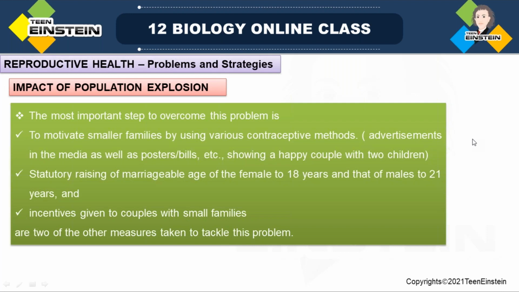These are the other measures to encourage people. So we need to motivate them by using various contraceptive methods, and the marriageable age of the female should be 18 and male 21. All this may help to control the population explosion.